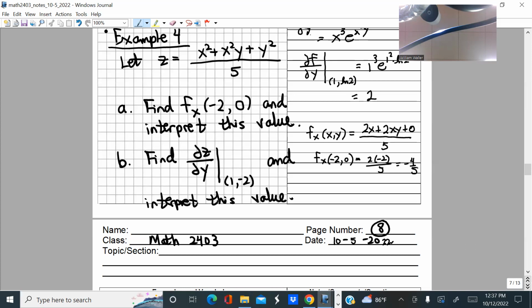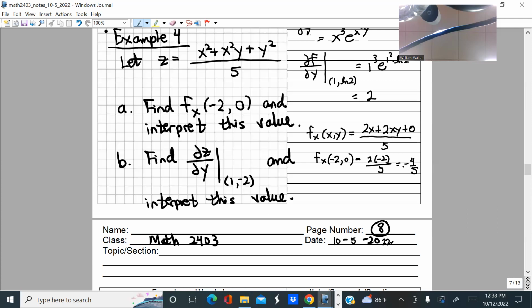That tells us at this point, this surface is decreasing because this slope is negative, right? At this point, this surface is decreasing, but in what direction? Yeah, in the direction of the x-axis, right? In the direction of the x-axis, this surface is decreasing, at this rate, in fact.